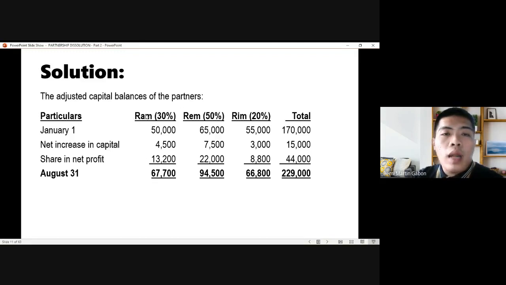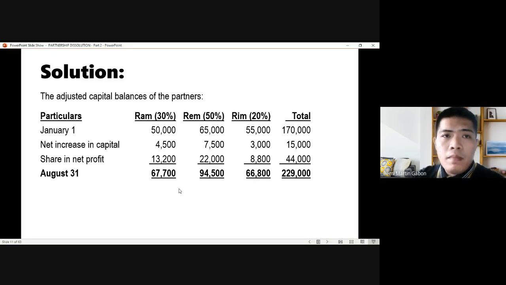So for RAM, the adjusted capital is 67,700. For REM, we have 94,500, and for RIM, we have 66,800. So that would be the total adjusted capital balances per partner. So total is 229,000 as of August 31.